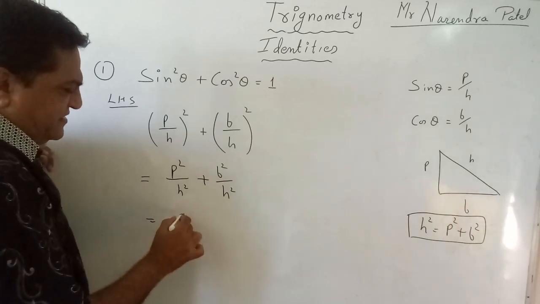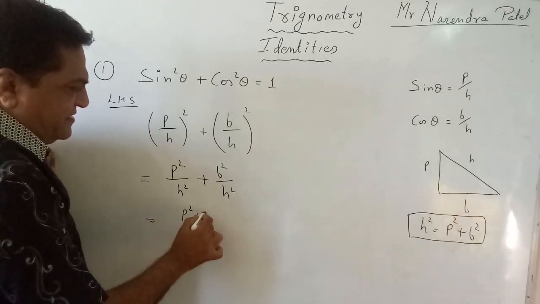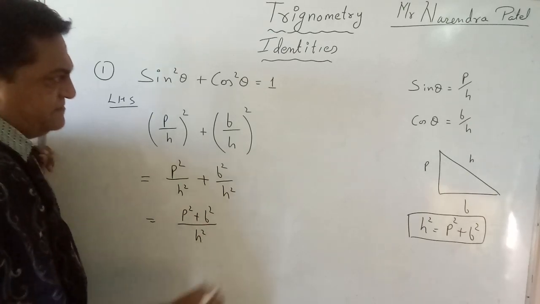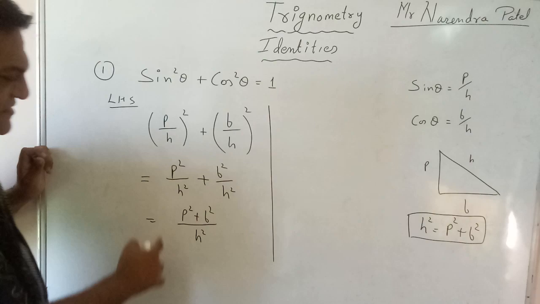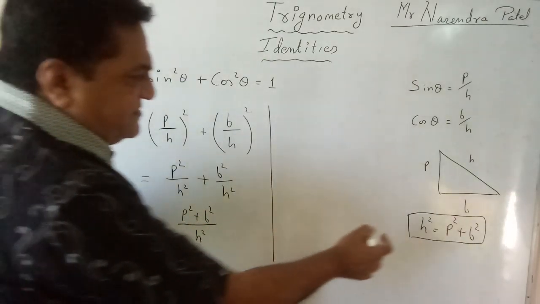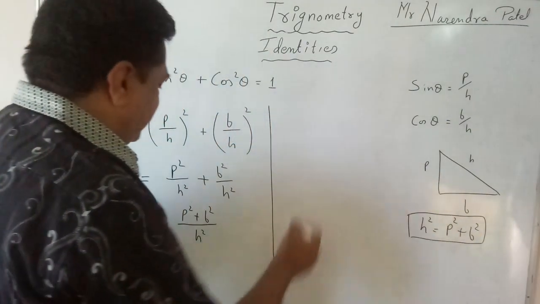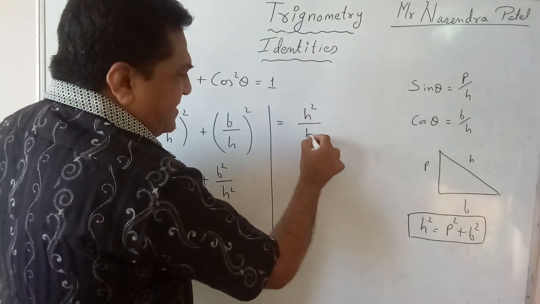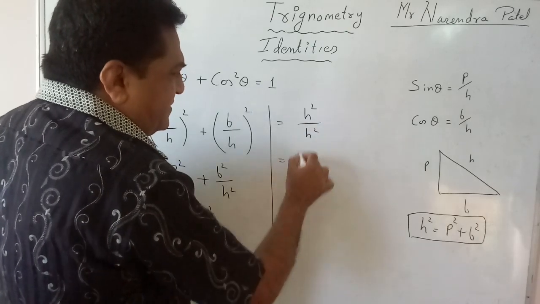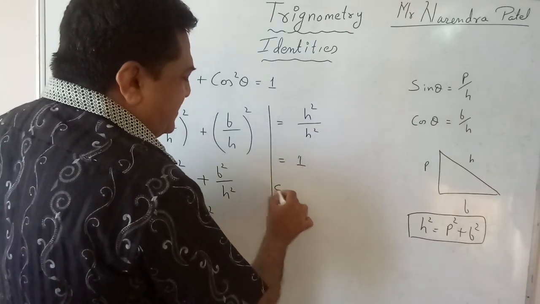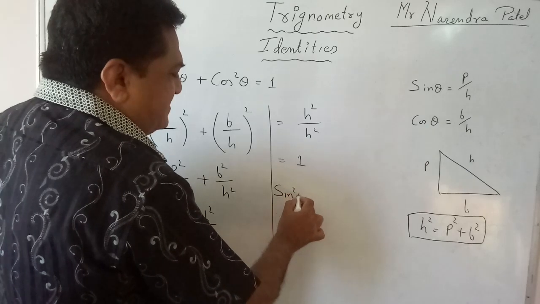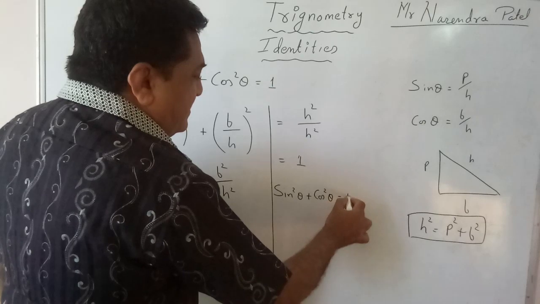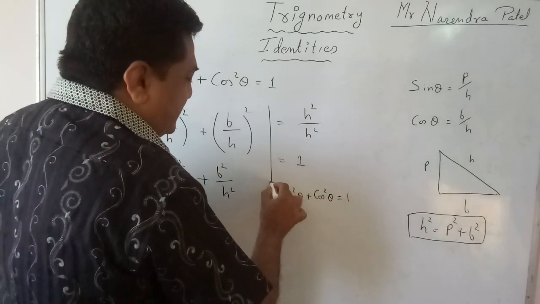Now the denominator is the same, so P square plus B square upon H square. We know that P square plus B square is H square. So I will write H square upon H square. Cut it, you will get 1. So the first identity, sin square theta plus cos square theta is 1, is proved here.